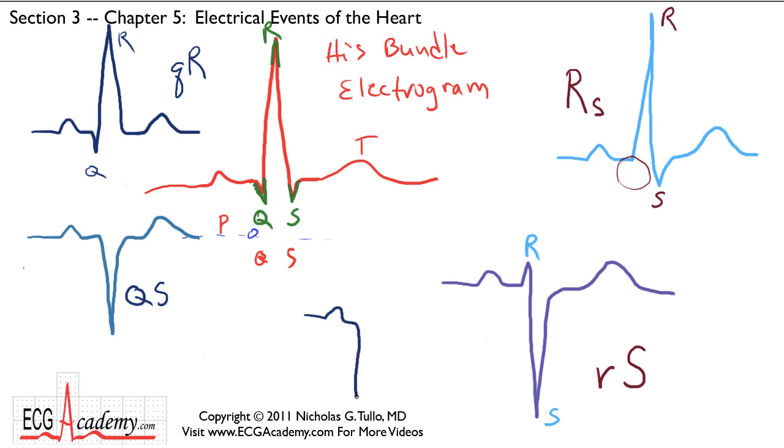You can have a deep Q and a little r. And this would still be in keeping with our naming convention, but in this case we'd use a capital Q and a small r. So you can see that the QRS can look different under different circumstances, but I want you to just learn the naming convention because it's important when we start to identify abnormal waves in the EKG.